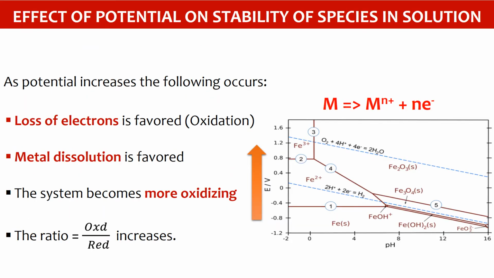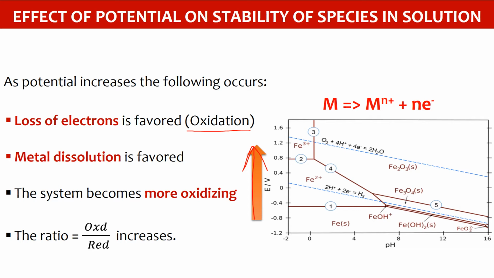Now, what is the effect of potential on the stability of species in the solution? This y-axis is your potential axis. What happens when you increase the potential in a system? We are moving into the oxidation region, usually above zero, oxidizing conditions.